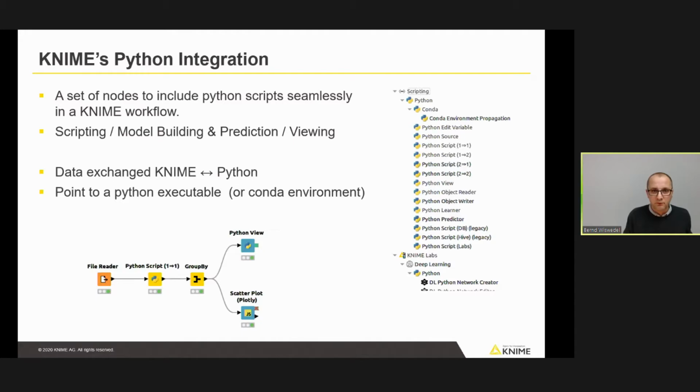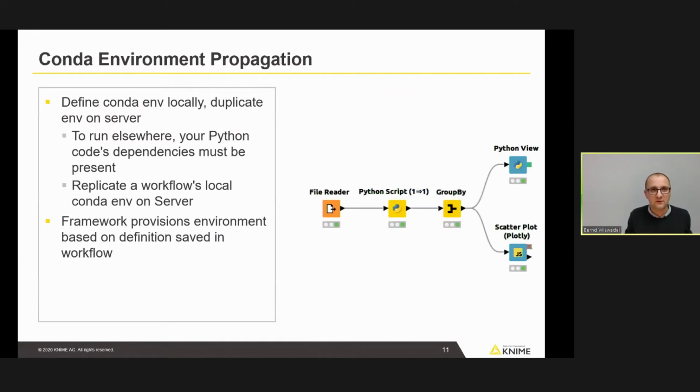This works perfectly easy if you run this all local, but it presents sometimes a problem once you put this workflow onto a KNIME server or you share it with someone else, because the requirement, and this is very typical for Python, is they need to have the same version of Python, the same packages, the same everything. So that's a very typical problem, challenge, or let's say a support case that our support people have to deal with often, that there's a different environment in environment A and B, local and on the server.